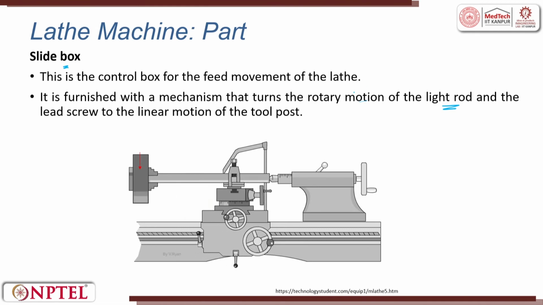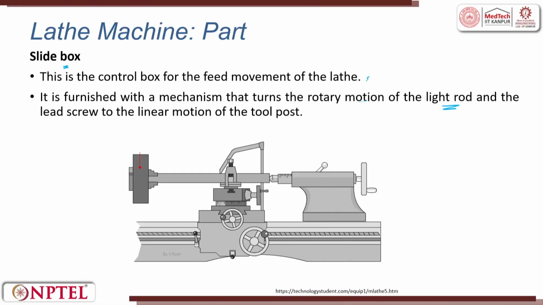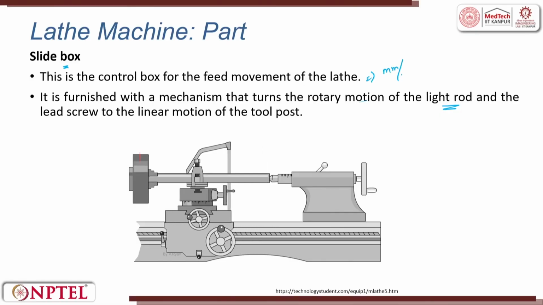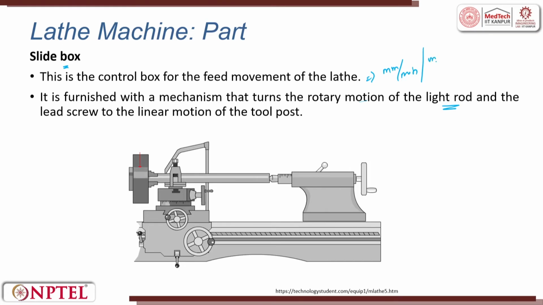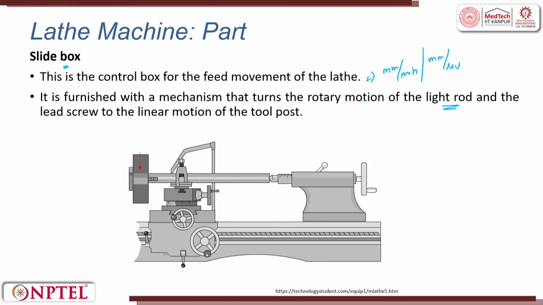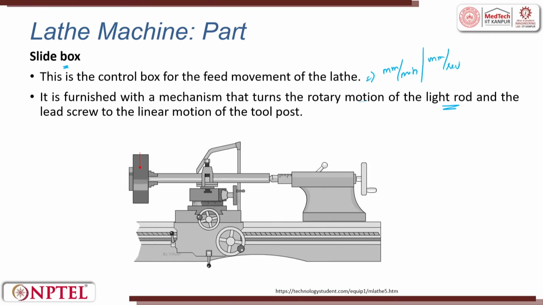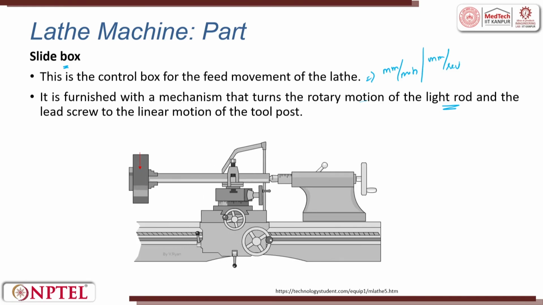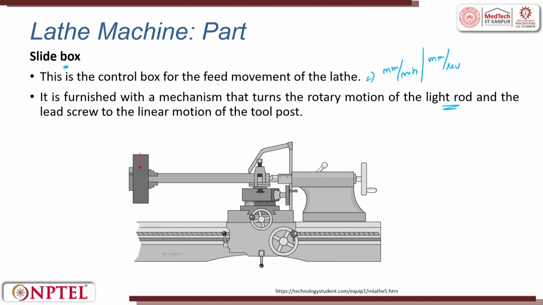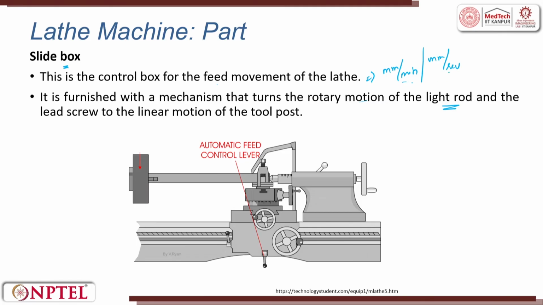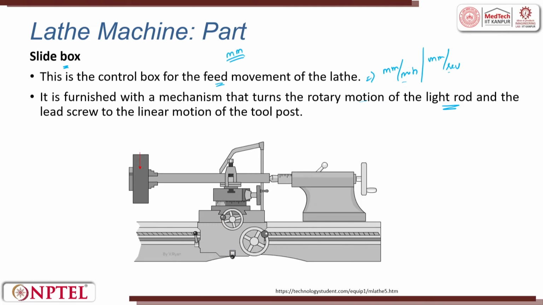So, what is feed? The rate at which the tool moves when it comes in contact, or while it is machining, is called the feed rate. This can generally be written in mm per minute or mm per revolution. So, what is the advancement you get in 1 minute? When we talk about feed movement, it is only millimeters.